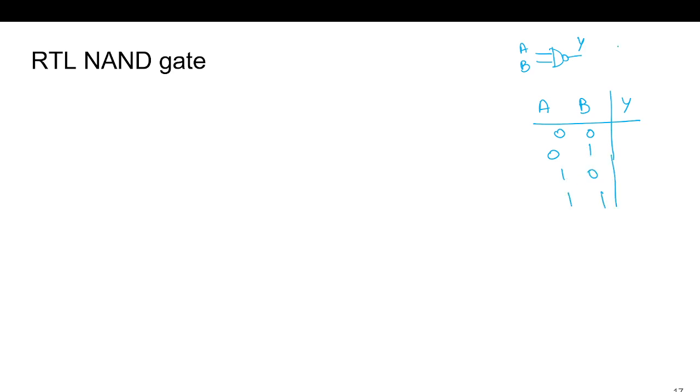NAND is actually the inversion of the AND operation. So AND gives 1 here, so you will get 0 here. The other values will be 1. So to do this, we will again connect the transistors here in series instead of parallel.